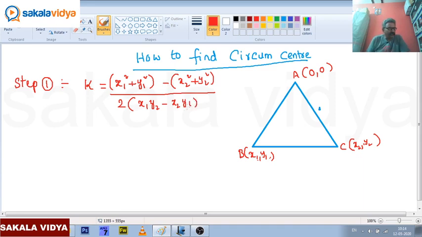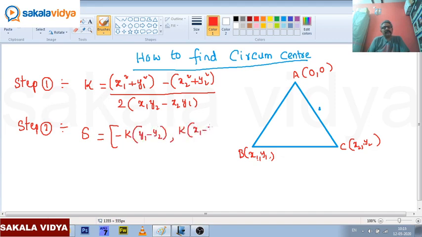First you find the k value. After that, step 2: the circumcenter S is given by the formula (-k times (y1 minus y2), k times (x1 minus x2)). That's all. You will get the circumcenter.